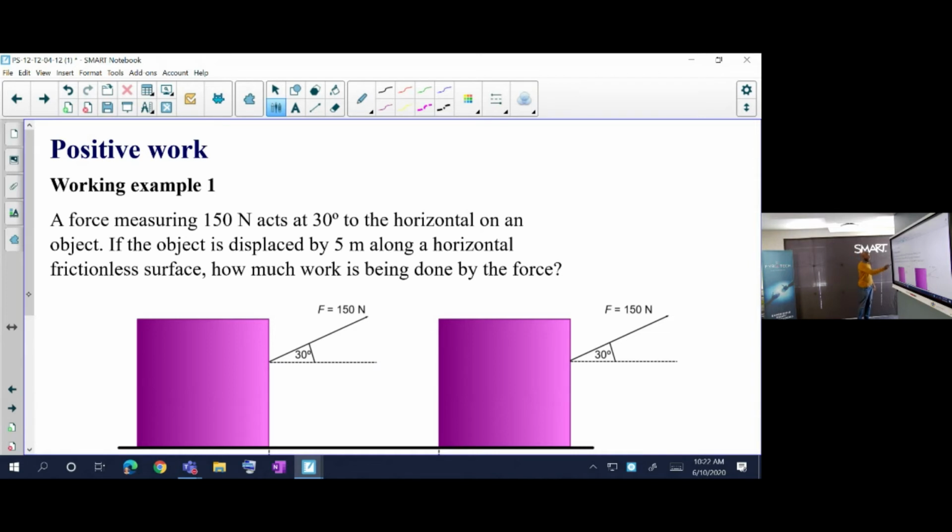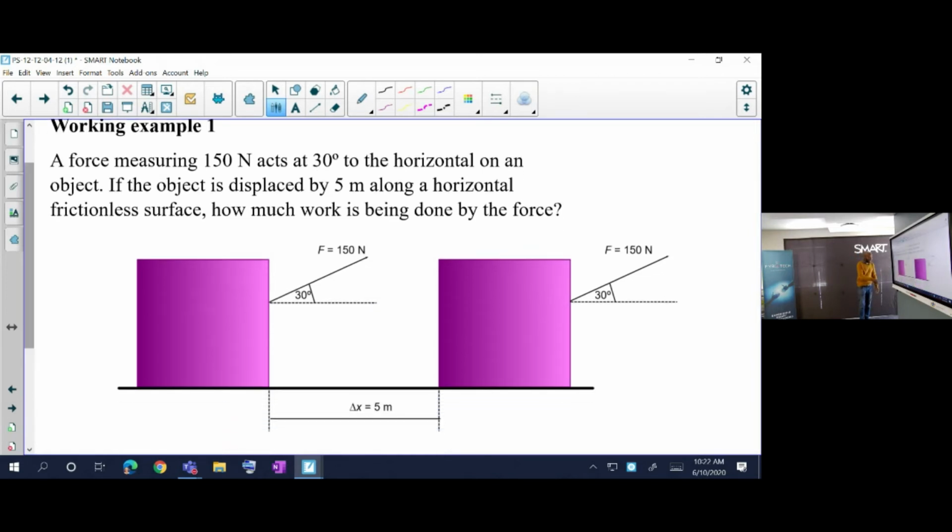Okay, I will do it for you. If you can just look at that, we have an angle, we have a force, we have a distance. The object moved from here to there. The distance covered is 5 meters. This is the information that you need when you want to approach this.